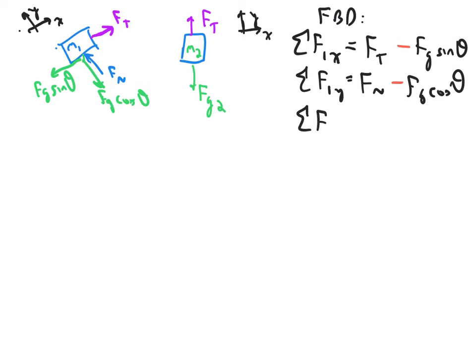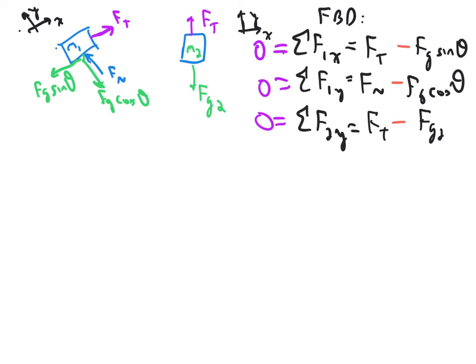And then the sum of the forces on body 2 in y is going to be, well, there's an Ft and an Fg2. But as we're probably getting used to, one of them comes in with a minus sign. And then from Newton's second law, all of these are equal to ma, but a is 0 because we're at equilibrium. So I can say that all of these sum to 0.